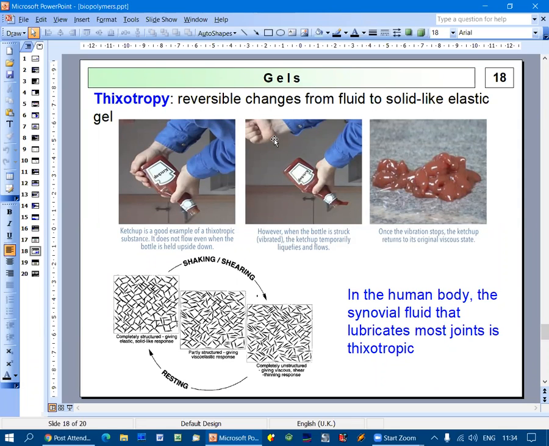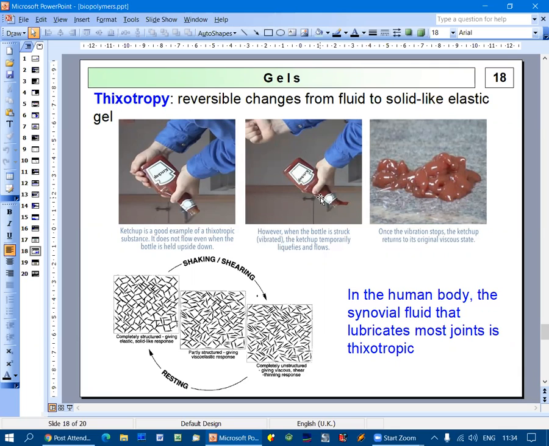So this is the example with ketchup. It doesn't flow if you turn over the bottle, but if you shake it or stir it, it will flow.